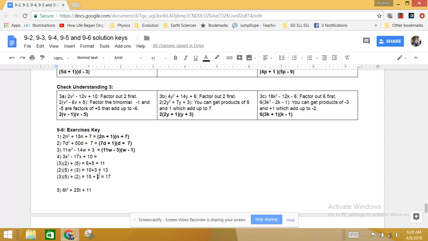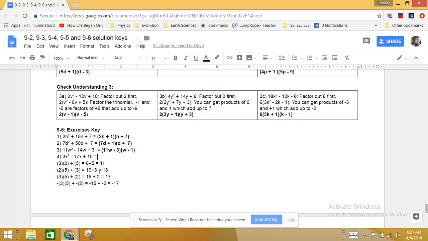So this has to be negative, and this has to be negative. So I get negative 15 plus negative 2 equals negative 17.